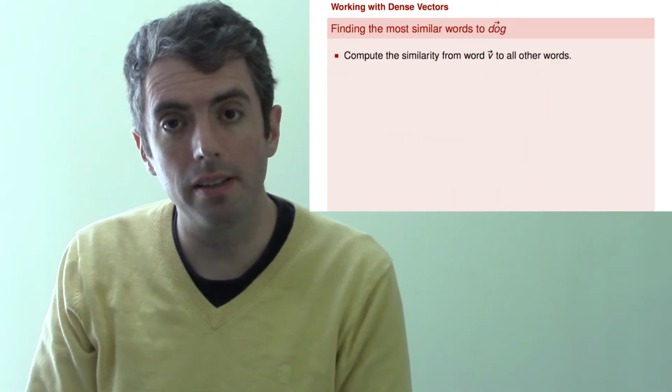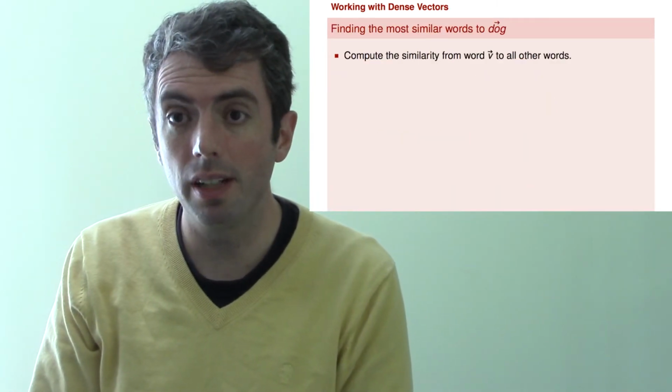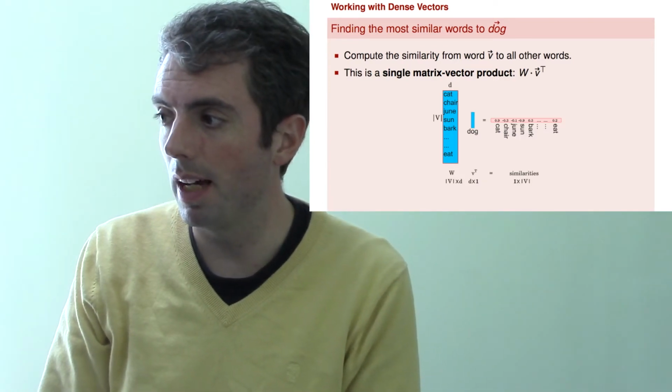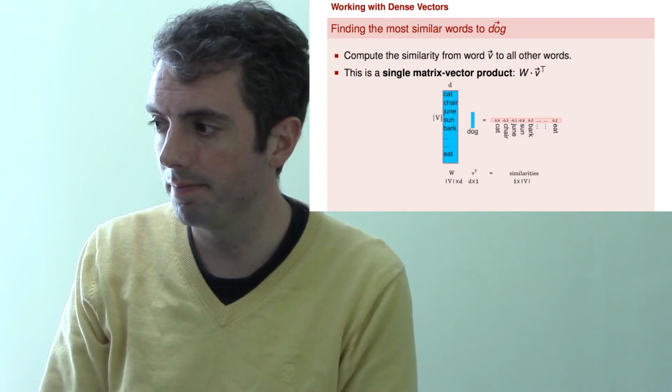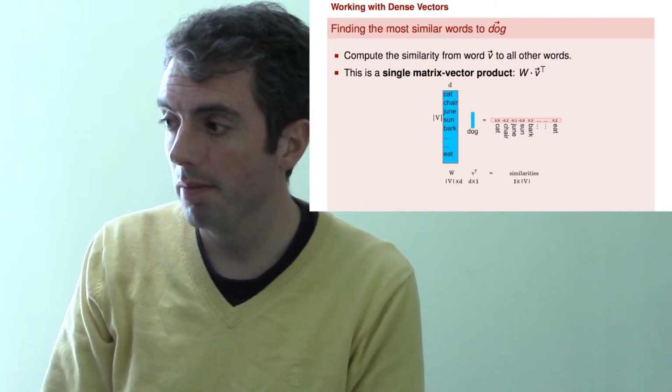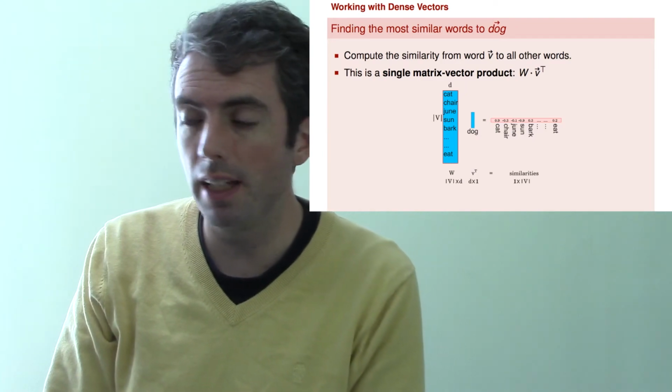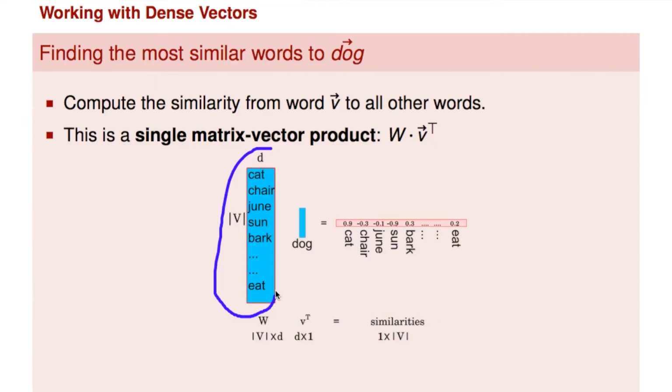So let's say that you want to find all of the words that are similar to dog. This is actually a product of a matrix W times the vector for dog. You take all of your words, multiply it by the vector for dog, and then you get similarities for all of the input words. You can take the representation of all of the words in the vocabulary, and this is just a matrix whose dimension is the size of the vocabulary times whatever dimensionality you chose.